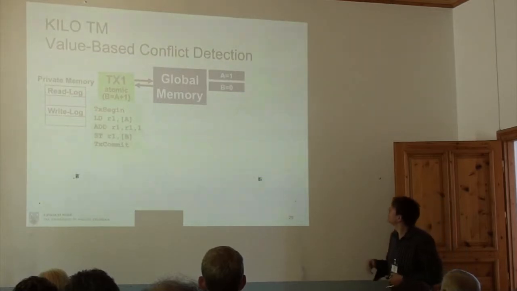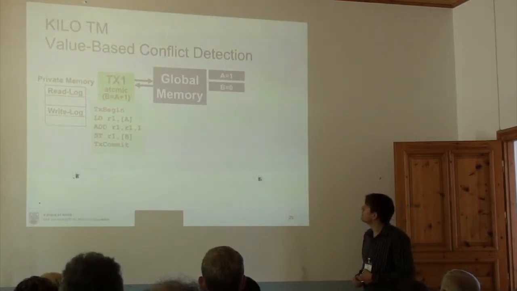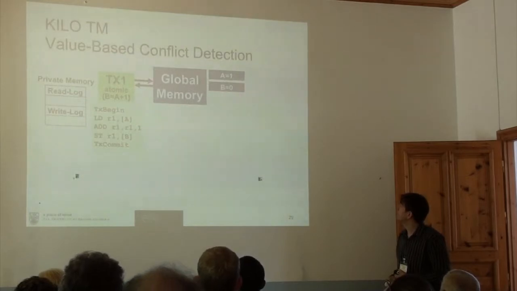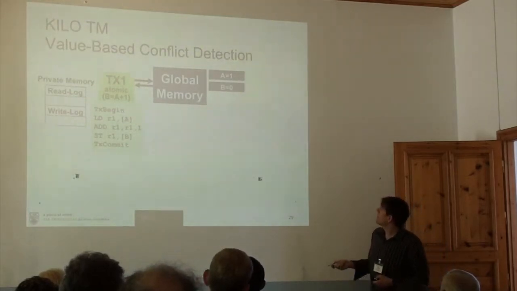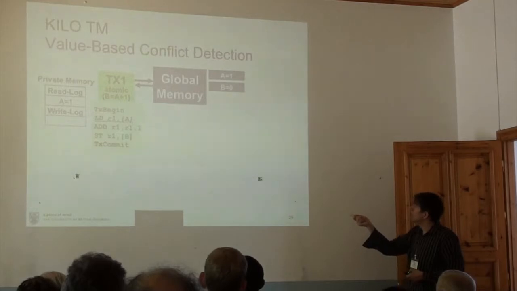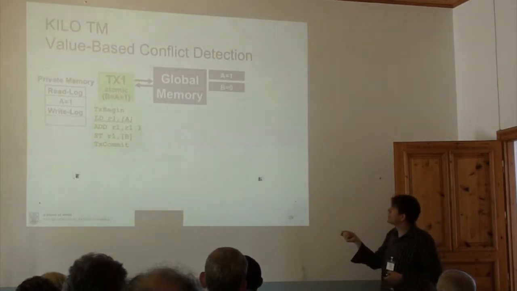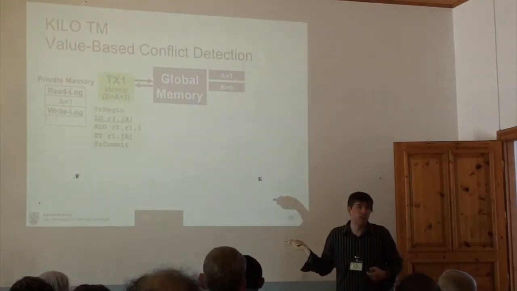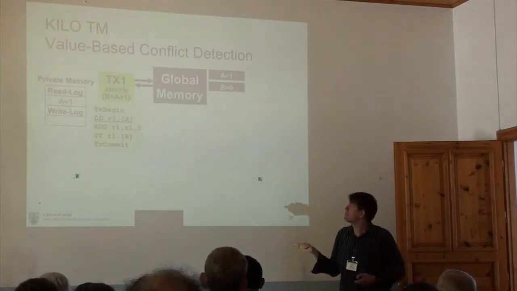The solution which Stephen came up with was to leverage an idea from software transactional memory, which was value-based conflict detection. The basic idea is that when you're executing a transaction, you keep a read log and a write log. As you're reading a value, remember not just the address that you're accessing, but also the value of that location in the log.